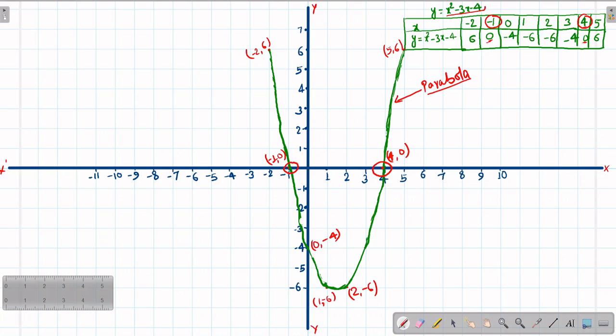Based on the shape of this parabola, you may have two shapes. First one is like this one, and second one is like this one.